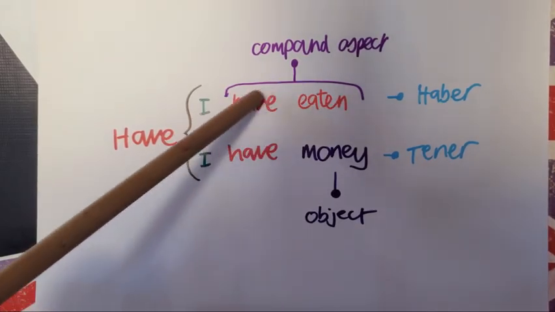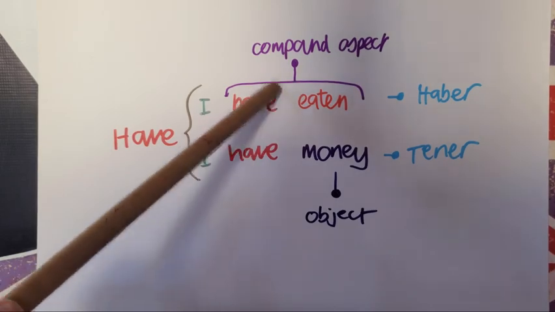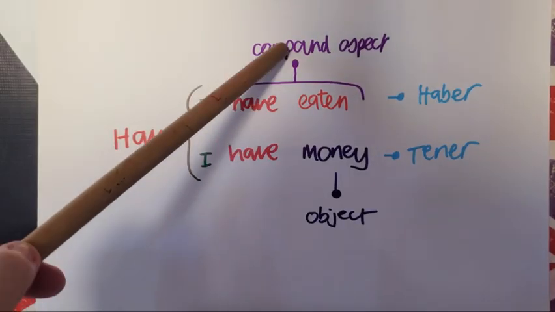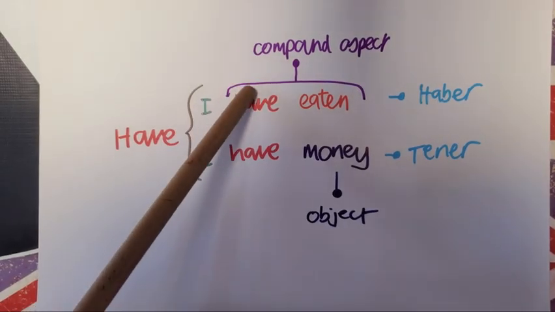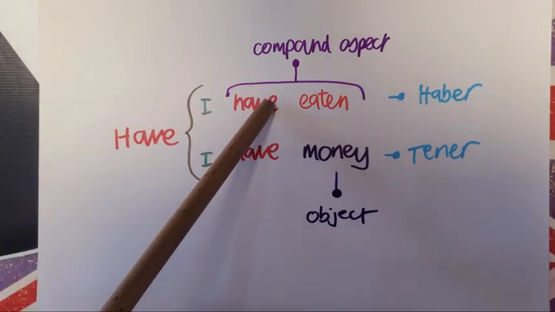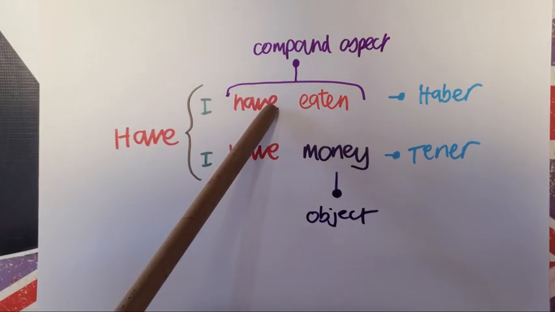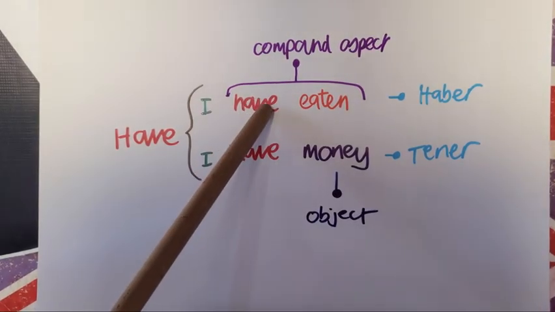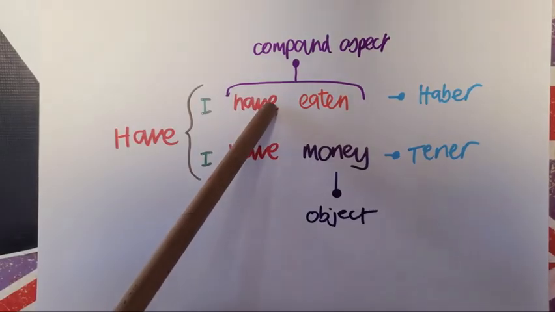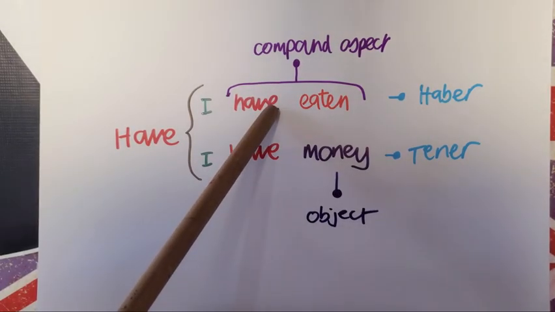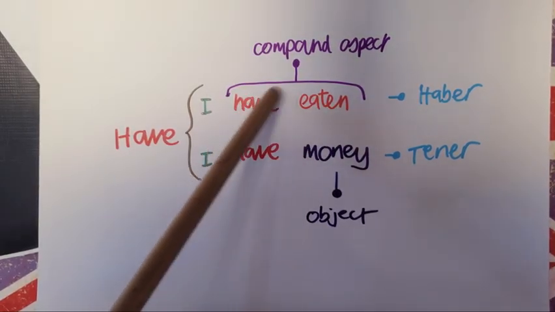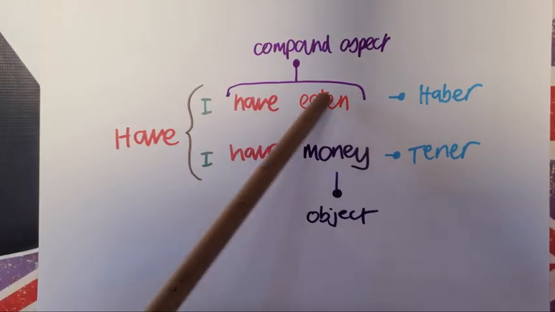I have and eaten, two parts of a verb structure. It's called a compound tense. Compound means two. Think of a compound, if you're an accountant, compound interest. What other compounds are there? A compound is a mixture of substances, so it's a mixture of two. In grammar we call have eaten a compound.